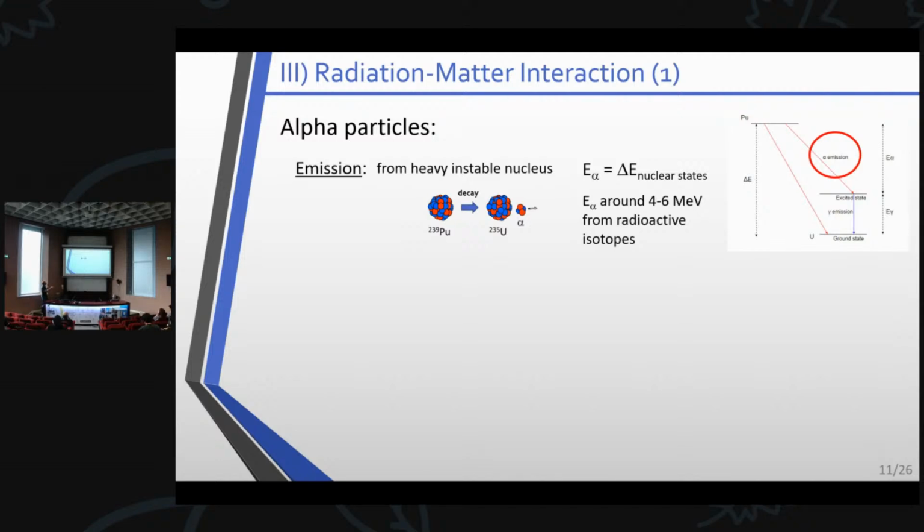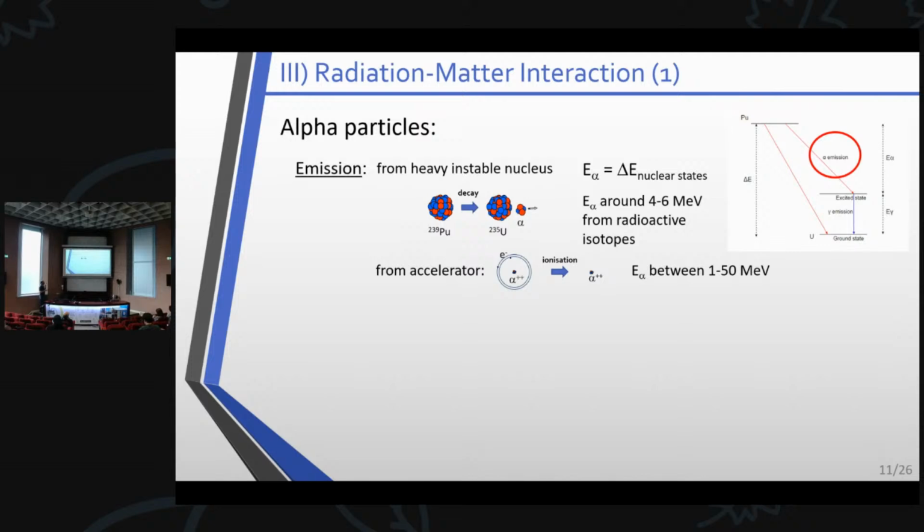It's basic physics. So you have here an example of a scheme, and you have this energy difference, which is taken by the alpha particle. The typical energy of alpha particles from radioactivity is 4 to 6 MeV, so millions of electron volts.